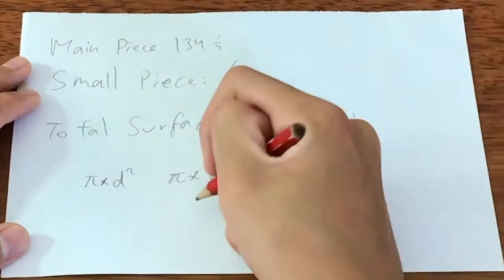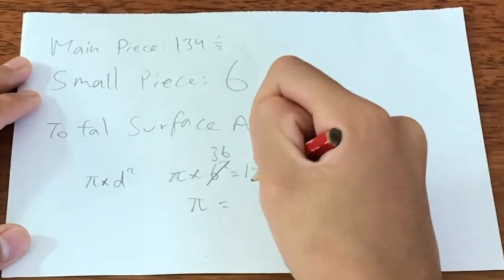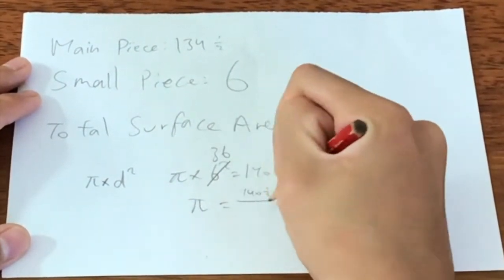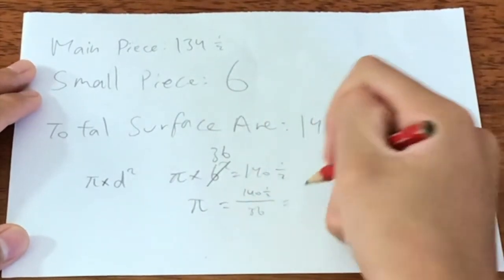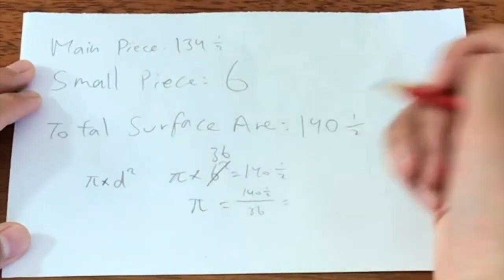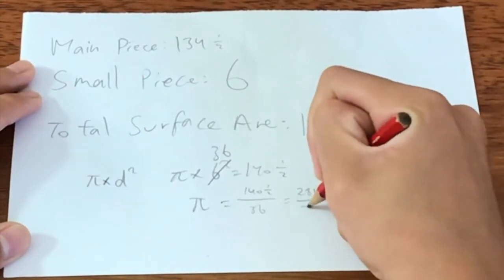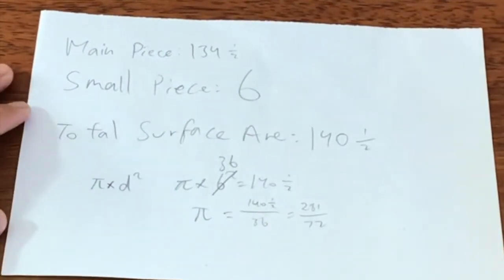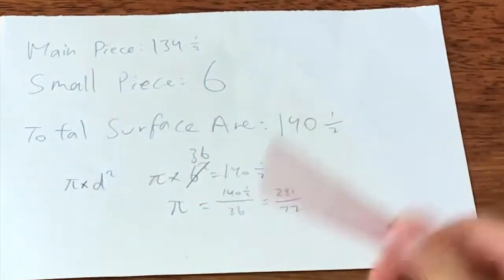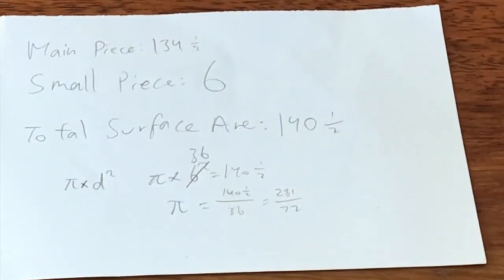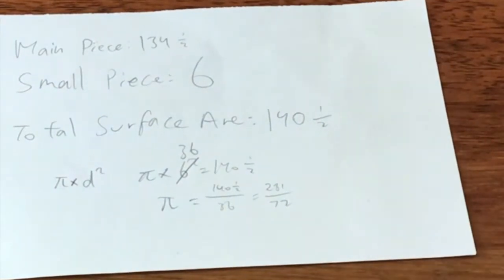And then that means pi is going to be 140 and a half divided by 36. Now we can get that fraction out, so that's 281 over 72.